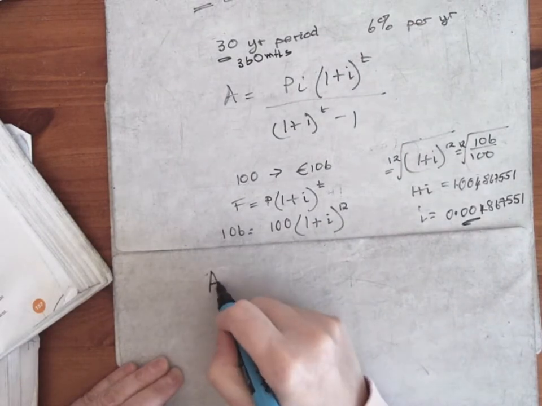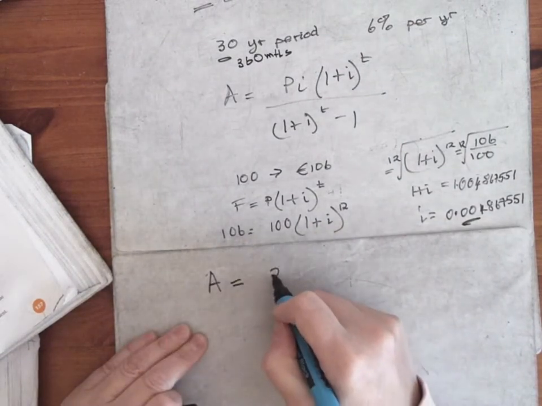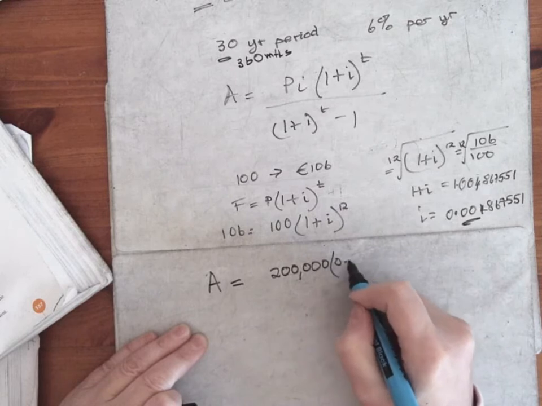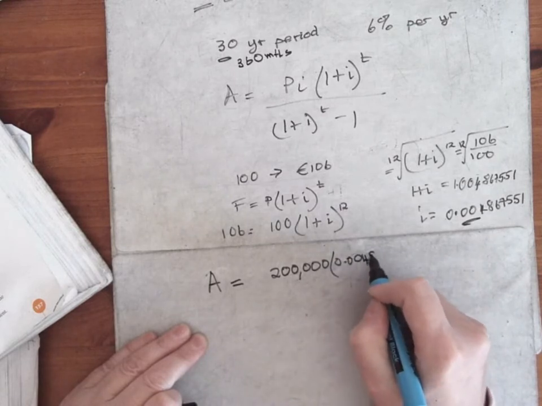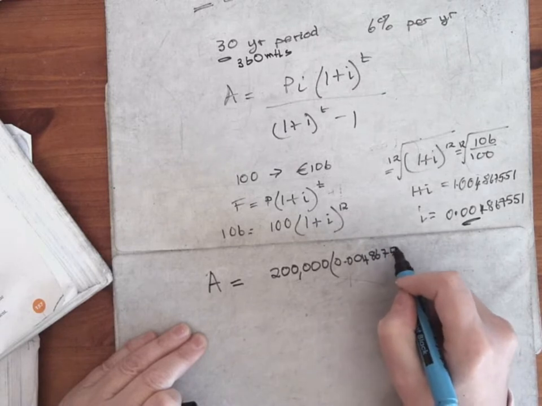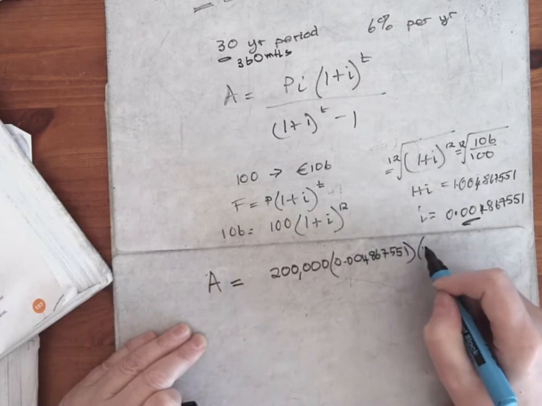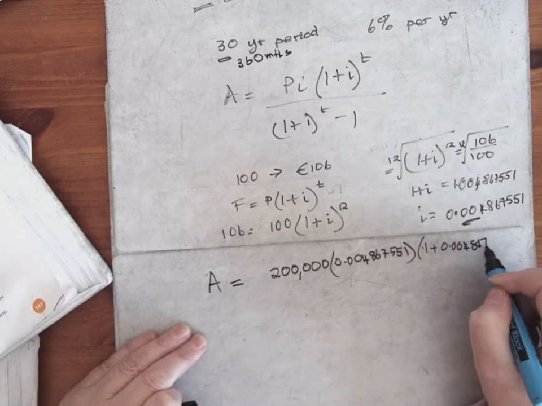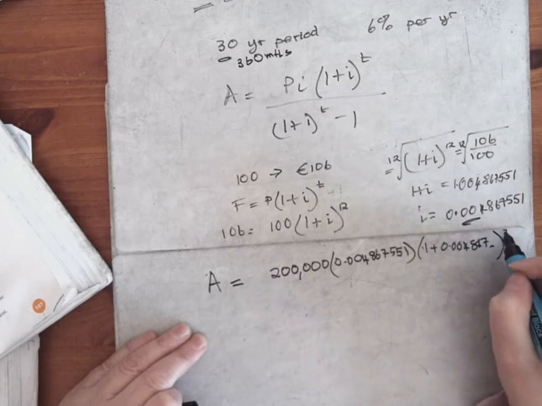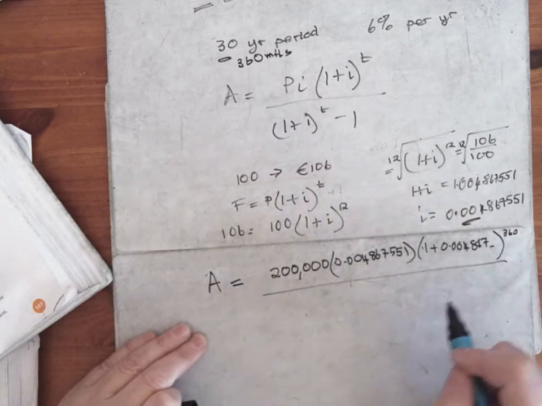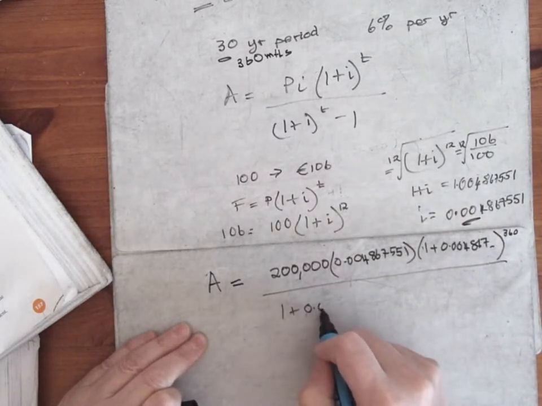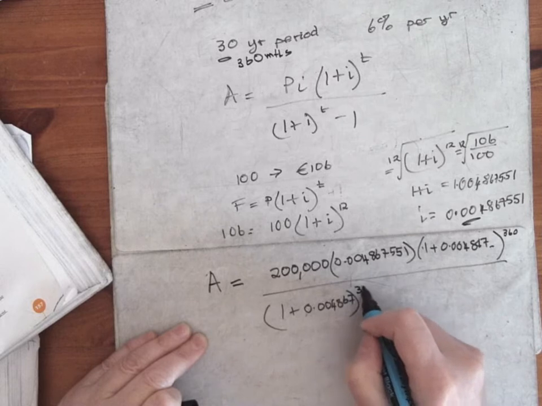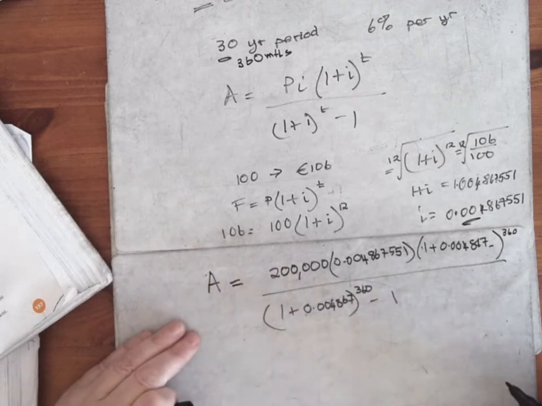So your A, your monthly repayment, is equal to the principal, which is 200,000, times i, your monthly interest rate, 0.00486751, times 1 plus 0.00486 and so on, all to the power of 360, all over 1 plus 0.00486, all to the power of 360, minus 1. Put that into the calculator, and round it to 2 decimal places because it is money.